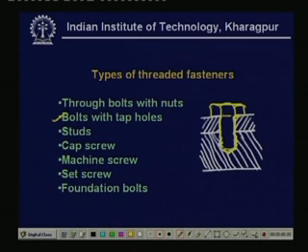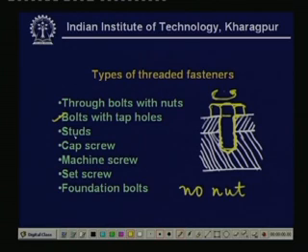Now, there is no nut, but one of the disadvantages of this kind of arrangement is that whenever we want to open it, we give an opening torque, that is a twisting torque, and then it damages the thread. So, that is to be prevented, and for that purpose we sometimes use the stud.